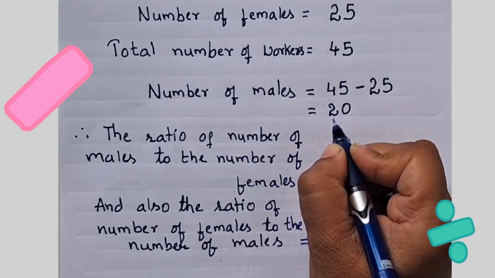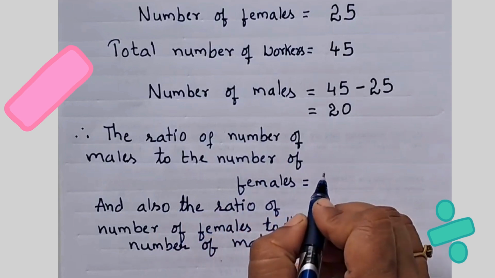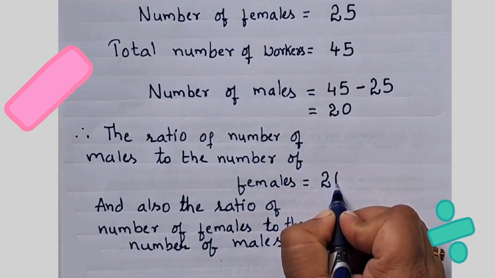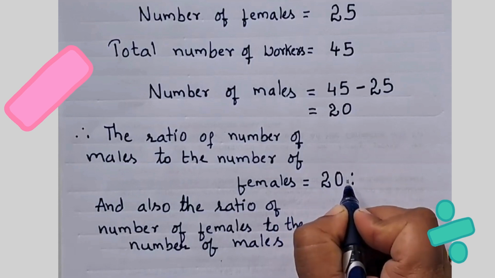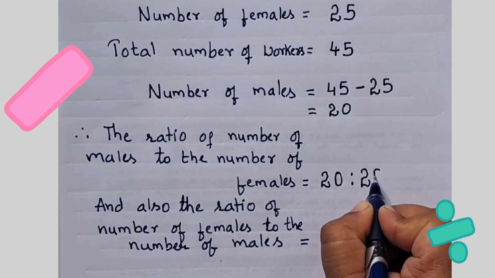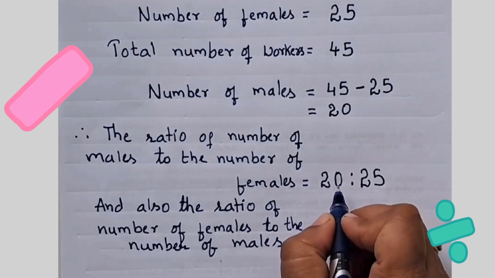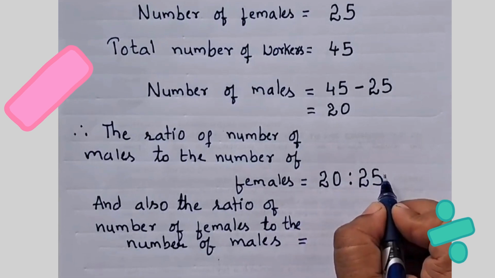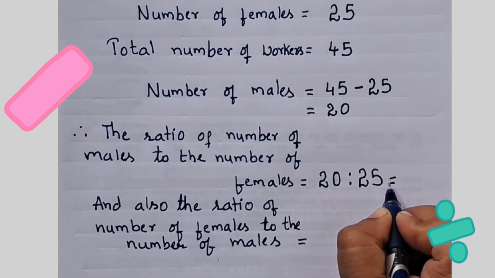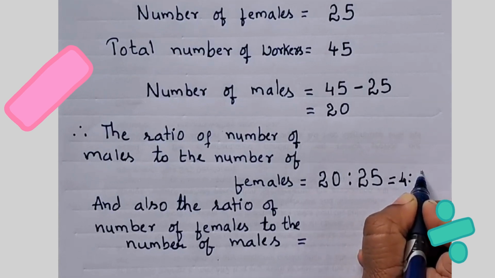Now let's find out the ratio of number of males to the number of females. Number of males is 20 is to number of females is 25. If you see, both can be divided by 5. 5 fours are 20 and 5 fives are 25. So the ratio of number of males to number of females is 4 is to 5.